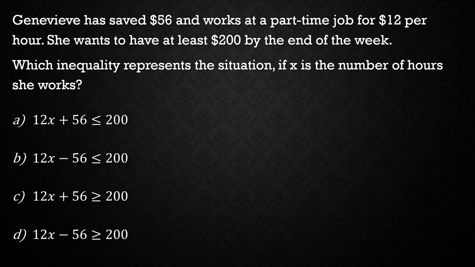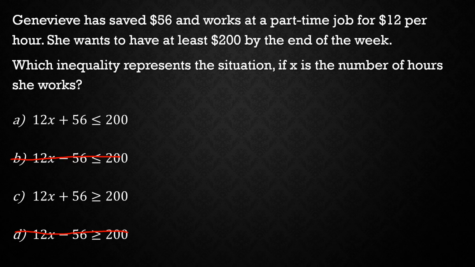So if I want to have at least $200, I need to add how much money I'm going to have total, right? I already have 56, and I want to add that to how many hours I'm working. So these two answer choices with our subtraction signs in the middle, we don't want those because we're not taking out how much money she already saved, right? Because that wouldn't make much sense.